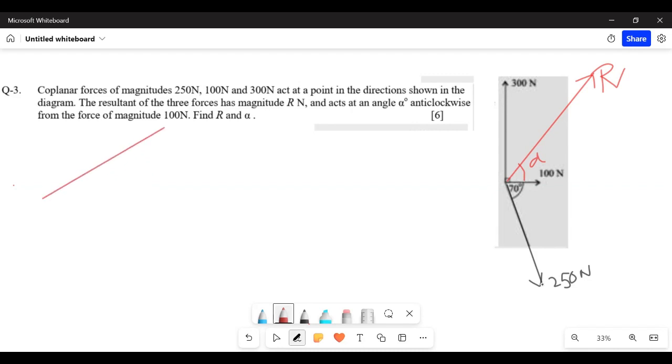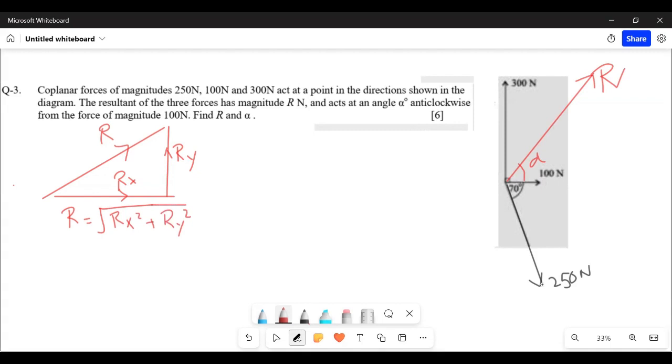Now we need to find R and we need to find alpha. We know that R is found through Rx and Ry. Once you have Rx and Ry, you apply Pythagoras theorem on it and you get R. Now, how do we find Rx? How do we find Ry?